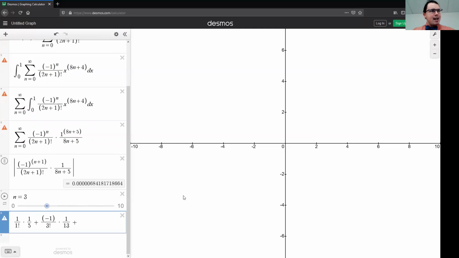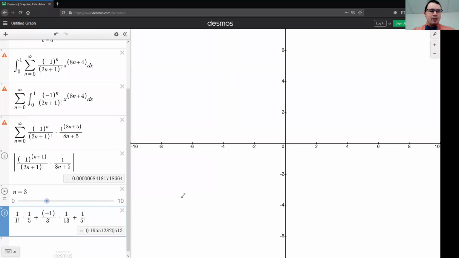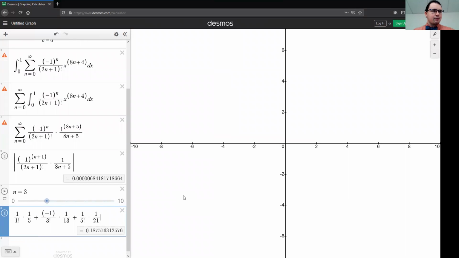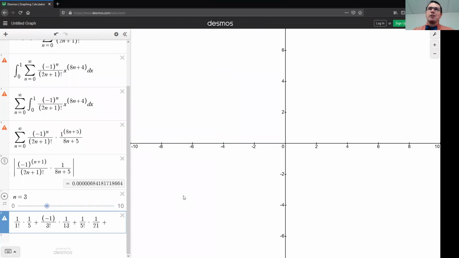Okay, let's add on the number 2 fraction. The number 2 fraction has (-1) squared in the numerator. That'll be positive. Divide by 5 factorial. Multiply by 1 over, n is 2, so I'll have 16 plus 5, which is 21. And then for my number 3 fraction, which is where I'll be stopping, my numerator has a (-1) cubed, which is still negative.